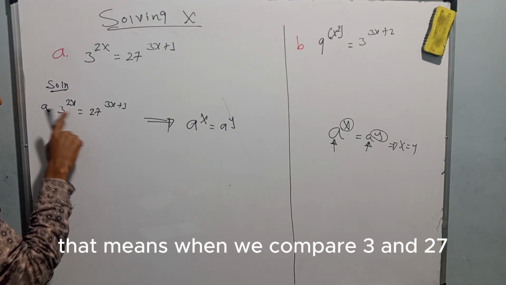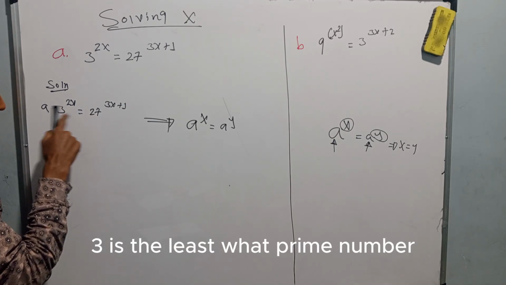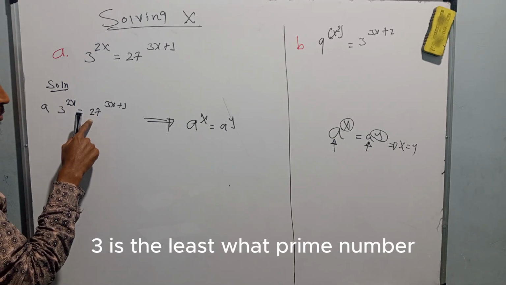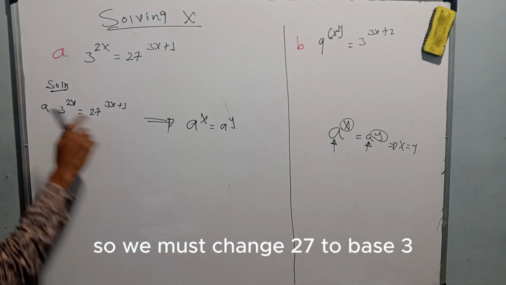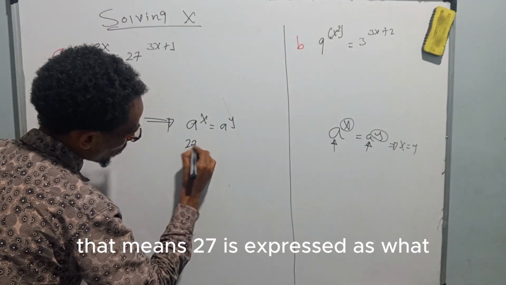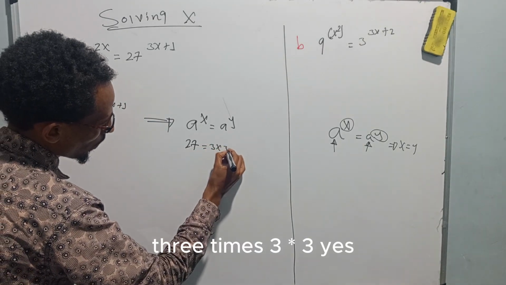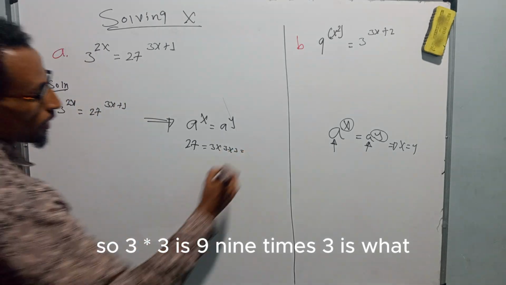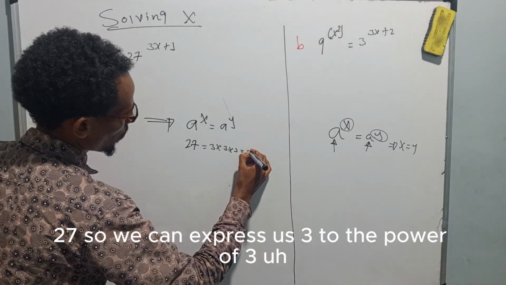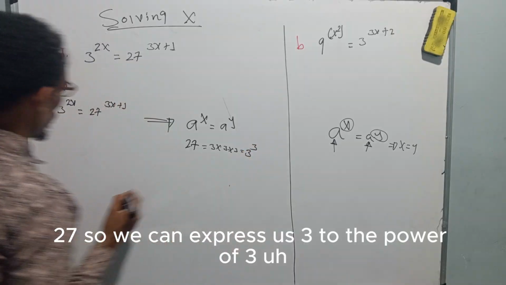When we compare 3 and 27, 3 is the smaller prime, so we must change 27 to base 3. 27 is expressed as 3 times 3 times 3. 3 times 3 is 9, 9 times 3 is 27. So we can express it as 3 to the power of 3.